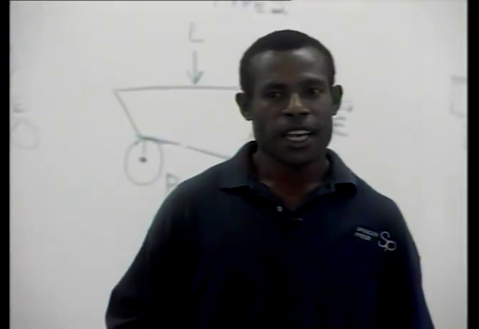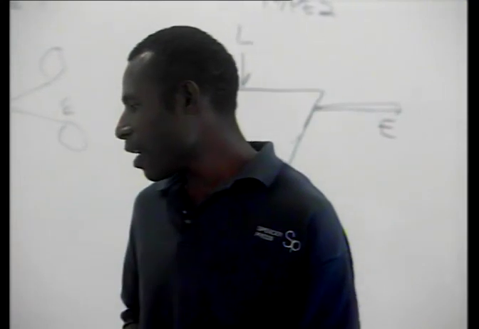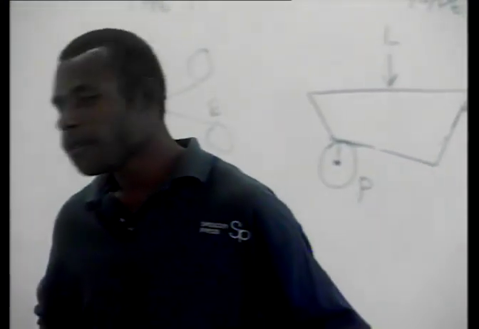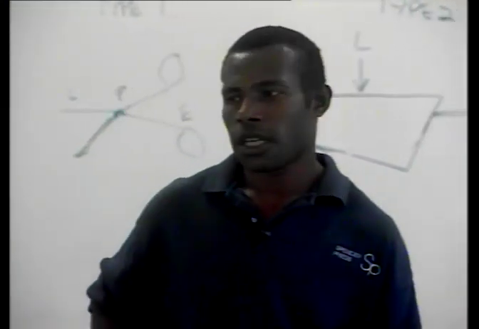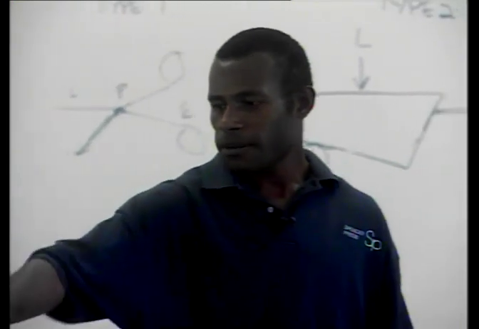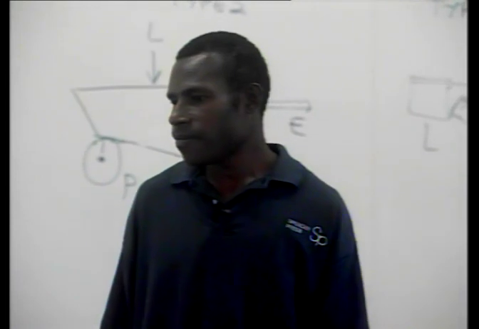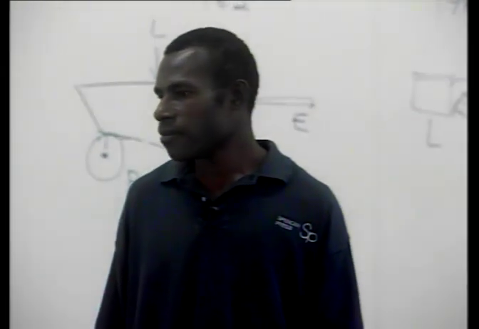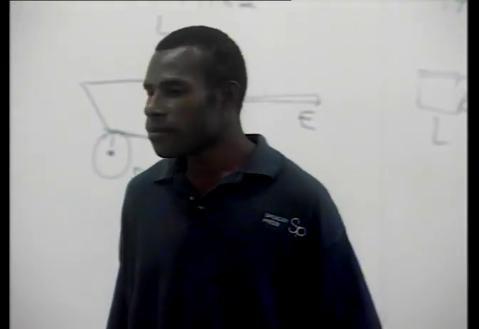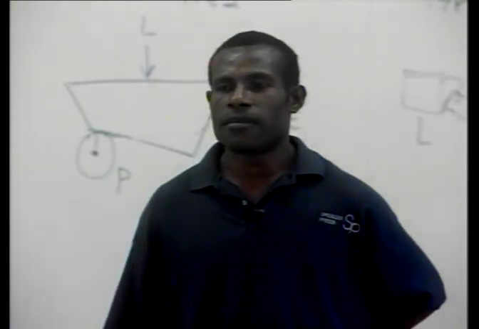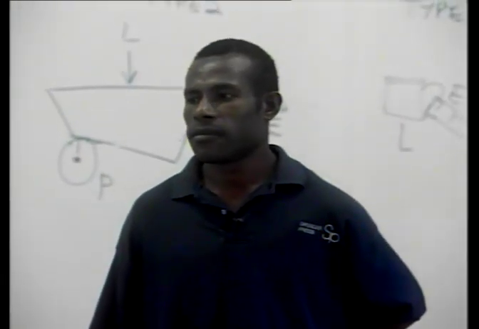Next is to have a look at the fourth diagram. That is a picture of a hammer. Okay, who's going to give us the answer to that? Rachel. Type 1.